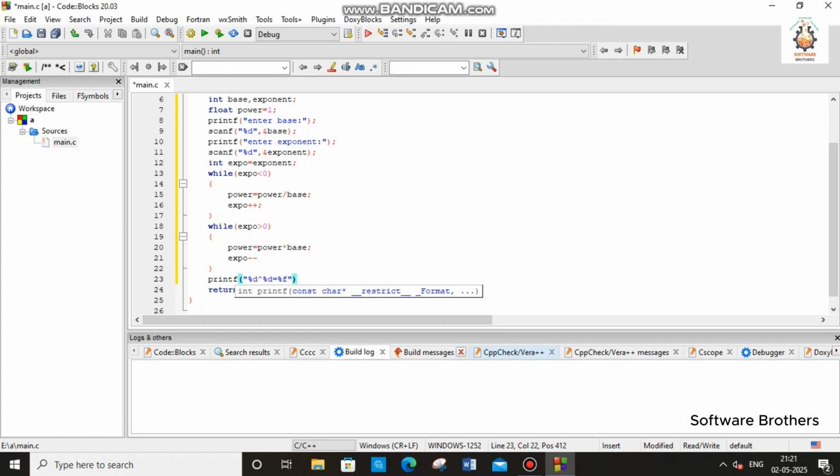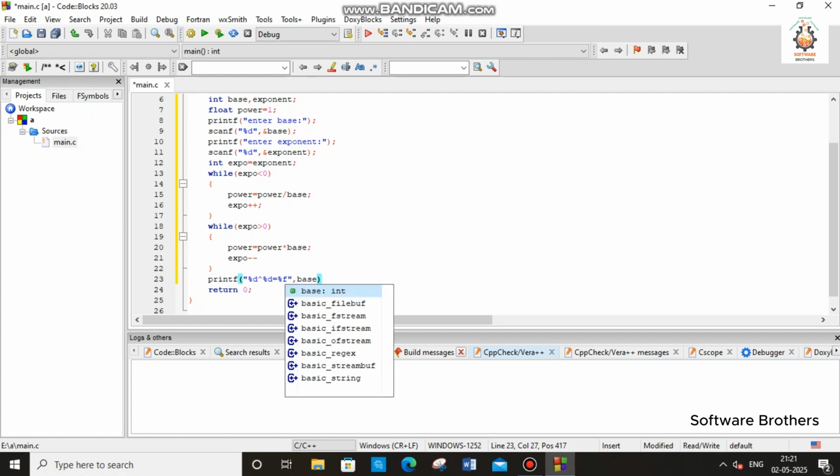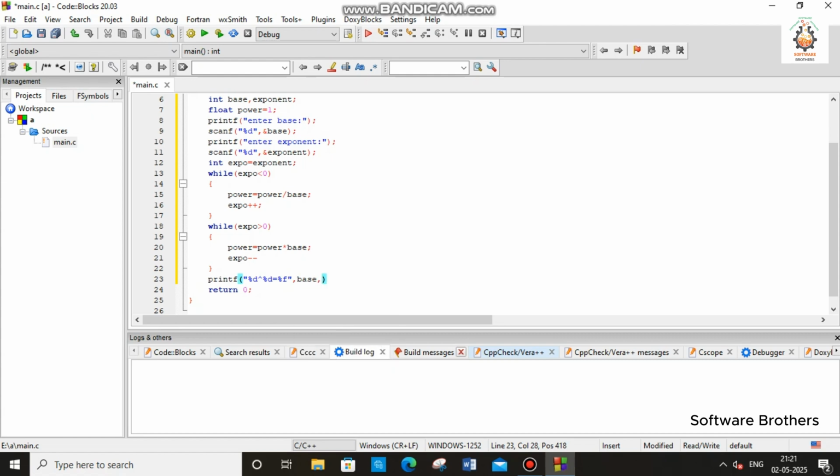So it may be considered that the answer may be in terms of a floating point number. The first %d is actually referring towards our base, and the second one is our exponent. The third one is quite naturally the power.